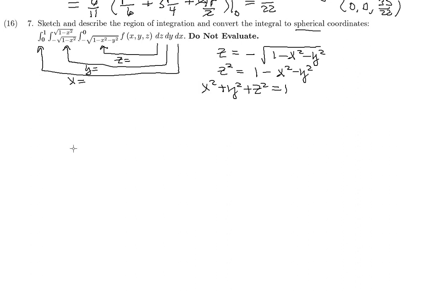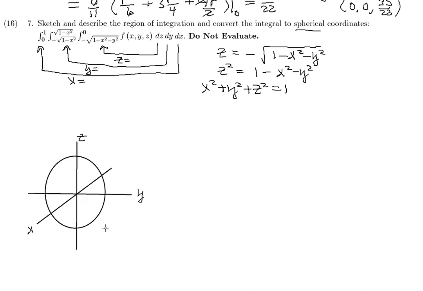So if we start sketching here, because we got to describe the region of integration, it might be helpful to sketch because it's a portion of the sphere. So z-axis up here, y here, x here, got a sphere of radius 1. It looks something like that.